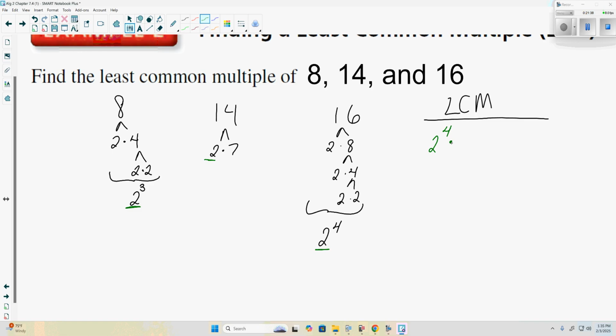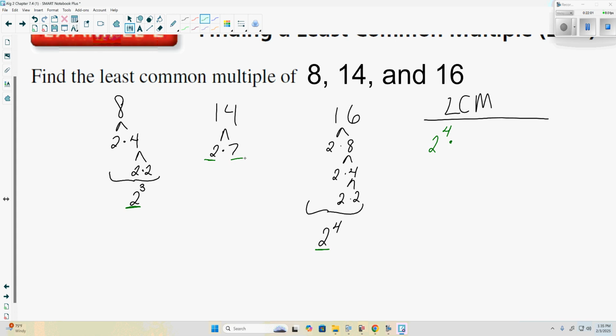Because again, we're trying to get them to be the same. And the least common multiple is always going to be equal to or bigger than the biggest number, because we're wanting to go up, not down. So that covers the 2's. The only other factor is 7, yes? 14 has 1.